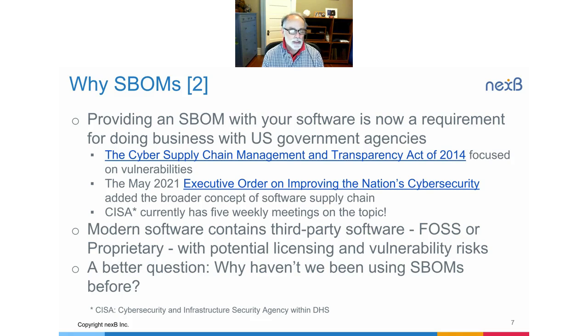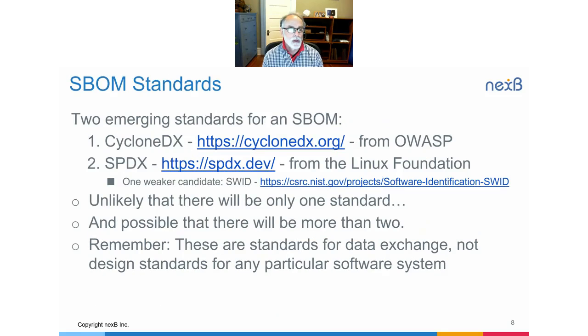So an interesting question to pose is, why haven't we used SBOMs before? Again, the model of discrete manufacturing is very clear. It would have been very useful to start before, but we are where we are, and we have to move forward. There are two emerging standards. Again, you've probably heard this many times. There's actually three that are mentioned by the government, but there's one called SWID, software ID, which has typically been used only by proprietary software and seems a much weaker candidate.